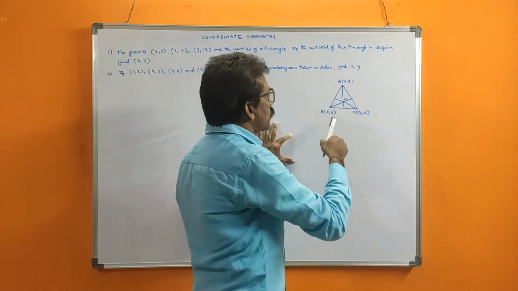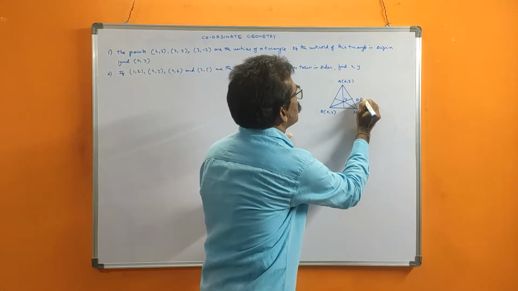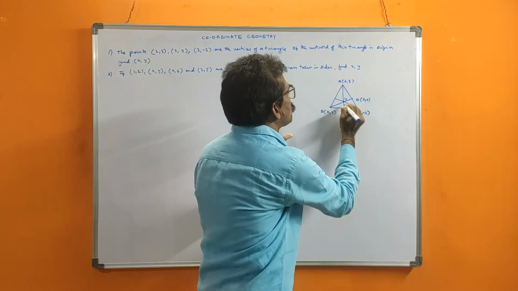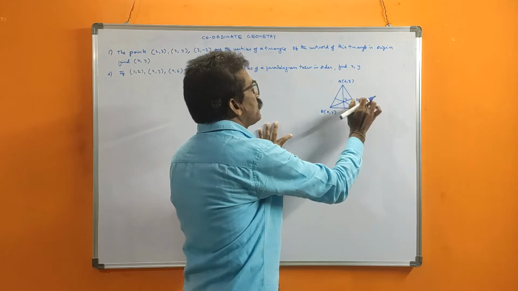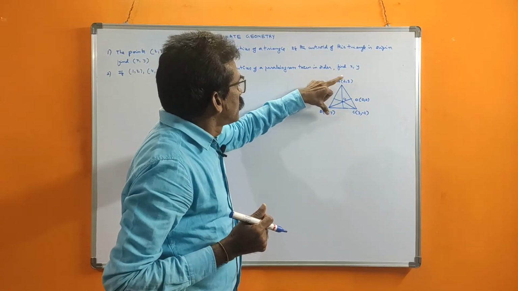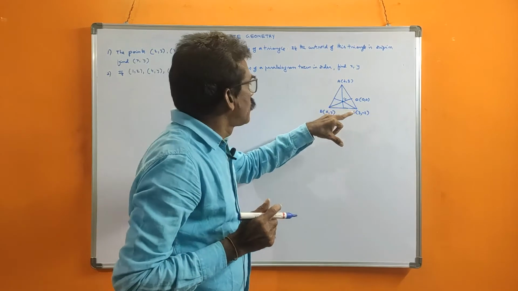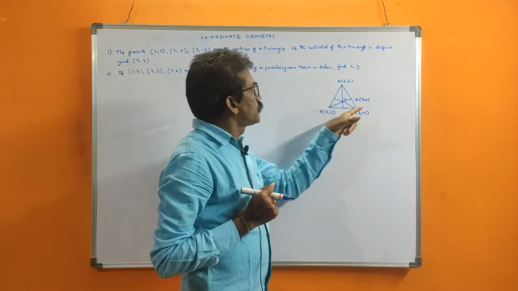G is the centroid of this triangle. But we know G is at O, meaning (0, 0). That means this point is passing through the origin. That means the G value is (0, 0). First you should calculate the centroid by using these 3 points by the formula, then equate it with (0, 0).